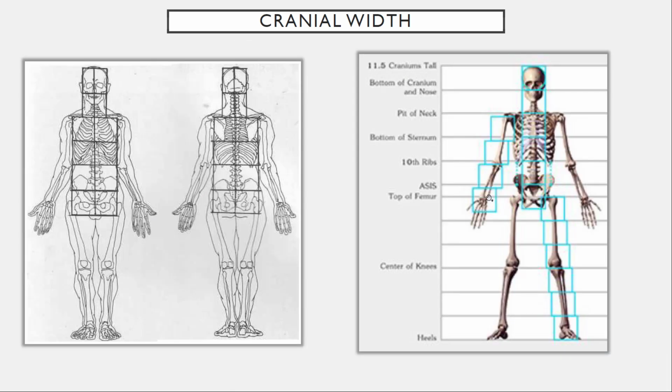So here's the cranial width measurement broken down again: from the bottom of the nasal cavity, the pit of the neck, the bottom of the sternum, that point on the pelvis that's the furthest point forward, and then the bottom of the pelvis. It's just an interesting thing to be aware of when you're trying to get your measurements more refined, and that's what we're trying to do this week.